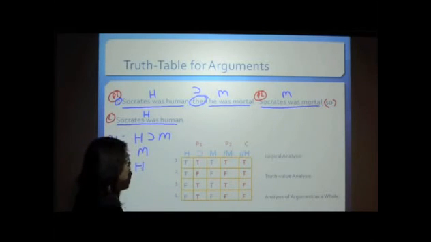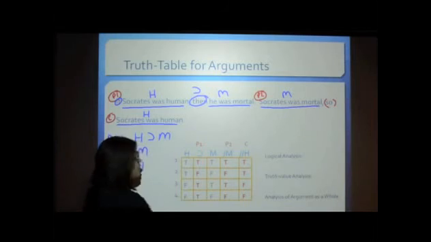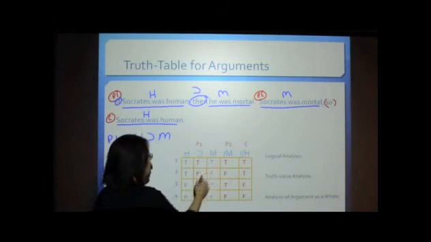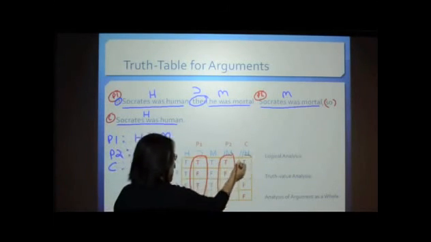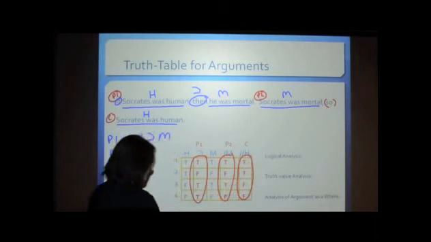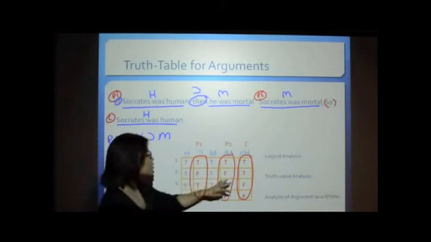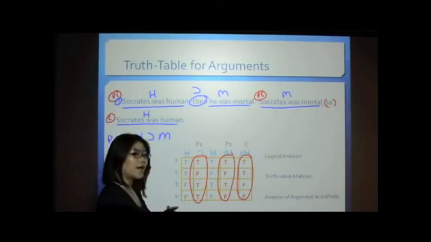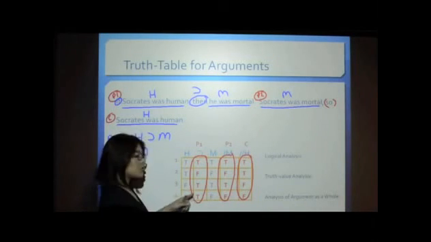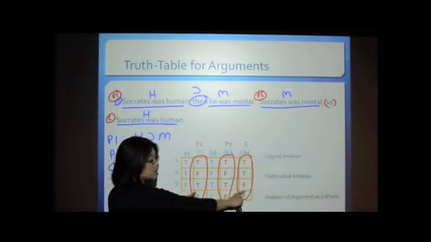So let's look here. Here are the columns that represent the possible truth values for premise 1, premise 2, and the conclusion. Now looking at these truth values, notice that we have one line where you have true premises, true, true, and a false conclusion.